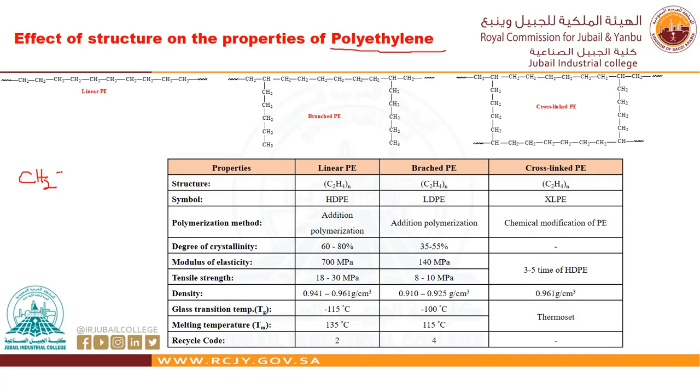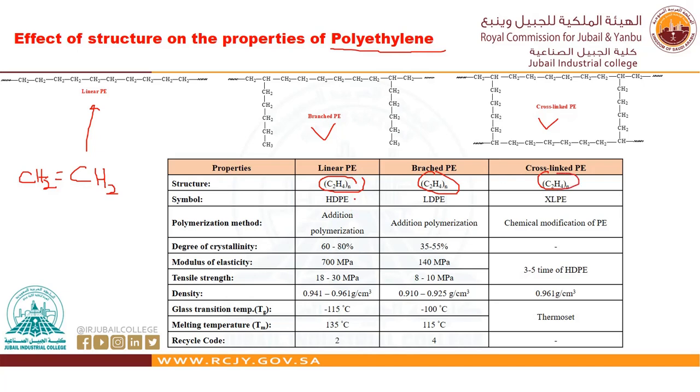Under appropriate conditions, it will lead to polyethylene with different structures and different properties. For example, you can end up with linear polyethylene, branched polyethylene, or cross-linked polyethylene. They all have the same repeating unit, which is CH2CH2. They are all called polyethylene.